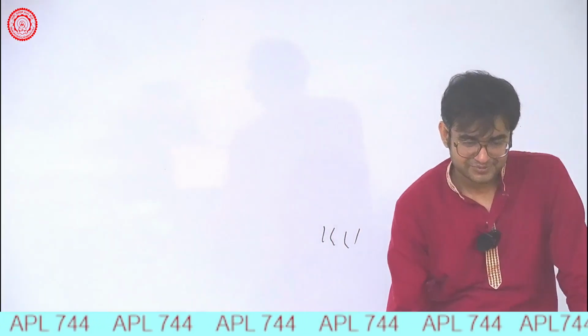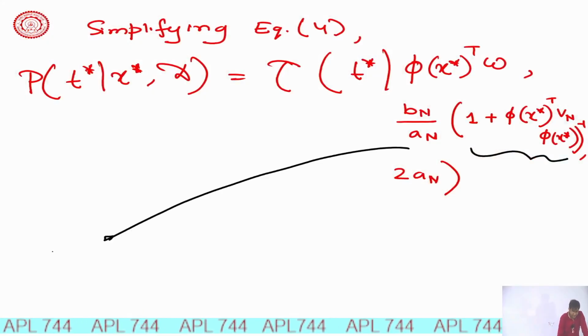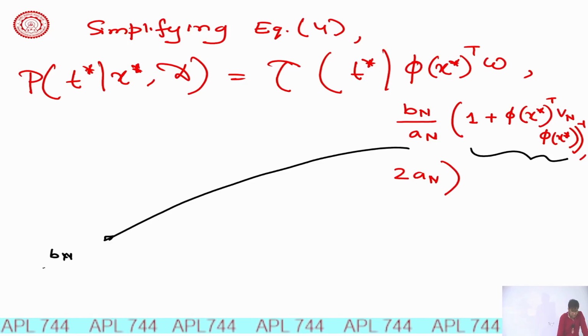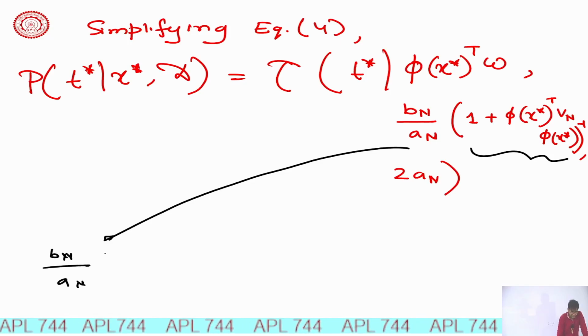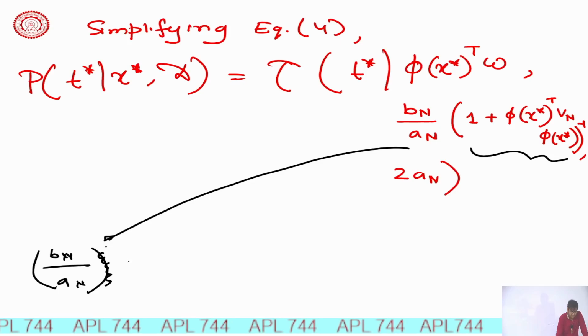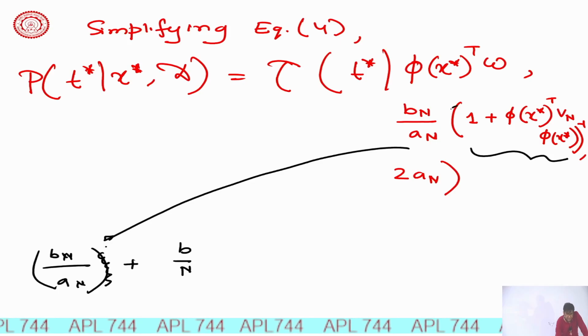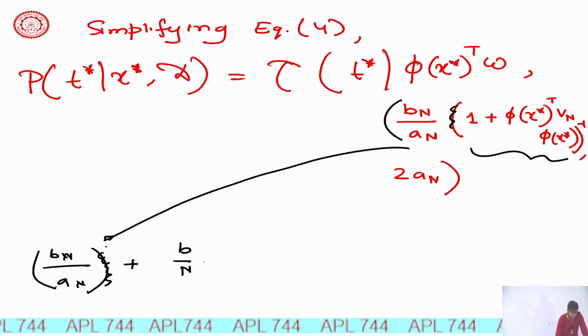So if you take the precision, you have Bn by An inverse, this is one term you will get, and plus you will get Bn by An phi x star transpose Vn phi x star.